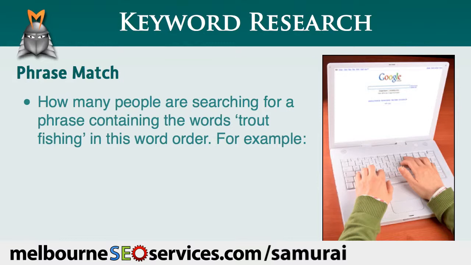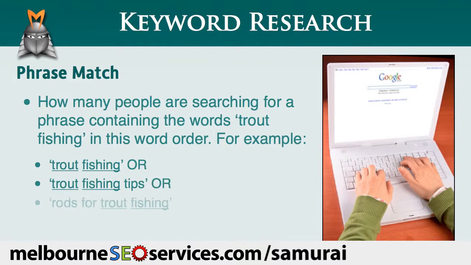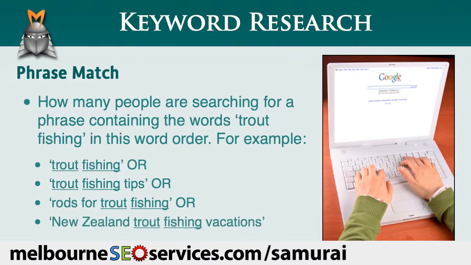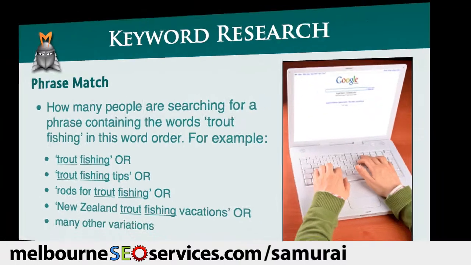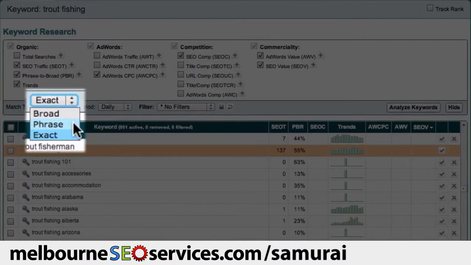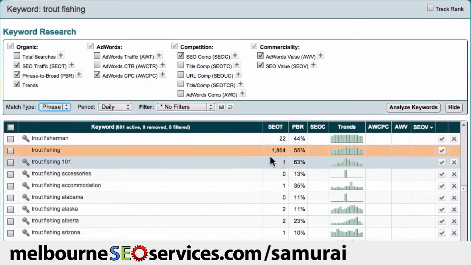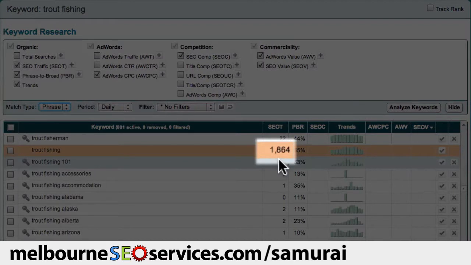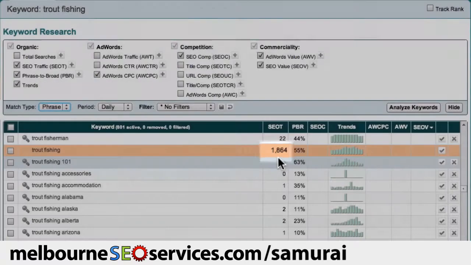For example, this would include people searching for phrases such as trout fishing, or trout fishing tips, or rods for trout fishing, or even New Zealand trout fishing vacations, and also many other variations. So in this example, when I set my match type to phrase match, I can see that considerably more people per day are searching for a phrase that contains the words trout fishing in that order, along with some other keywords.